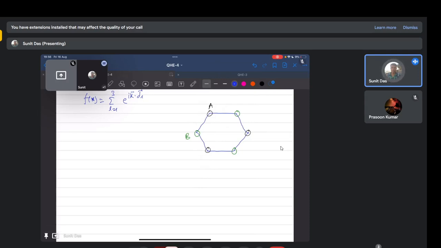My lattice parameters are this one and this one, so let's call them a2 and a1. Just to show the other parameters, I mean the delta parameters, I think this is enough.